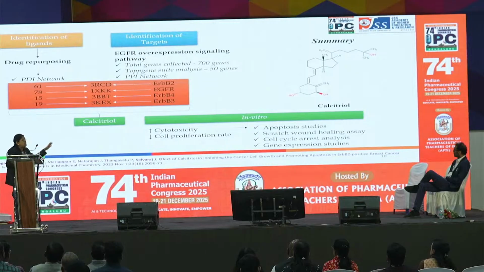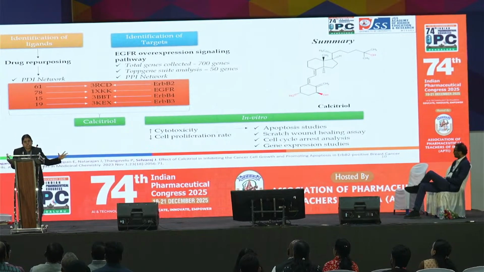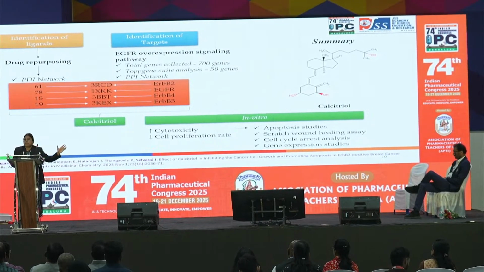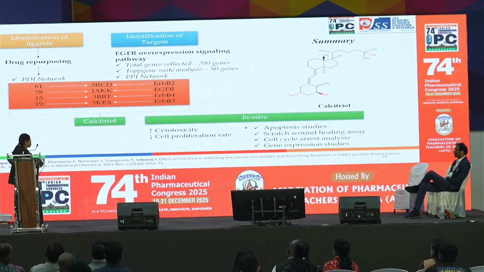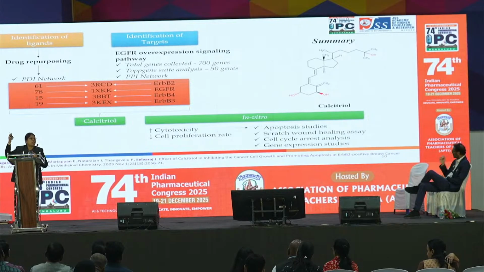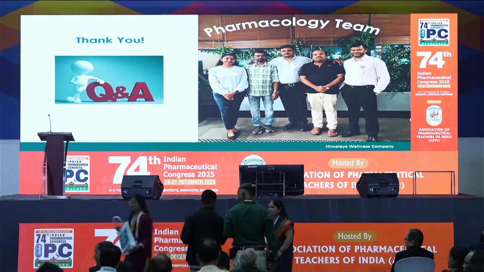Of course, it has been done at the in vitro level, starting with the MTT assay as well as the apoptosis assay, and finally the ERBB gene expression studies also. This is one example of where you can identify the biomarker. The biomarker should be quantified at your in vitro level also, so you have to be very clear.